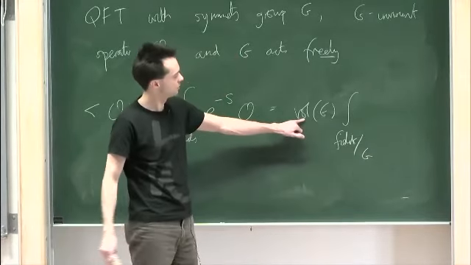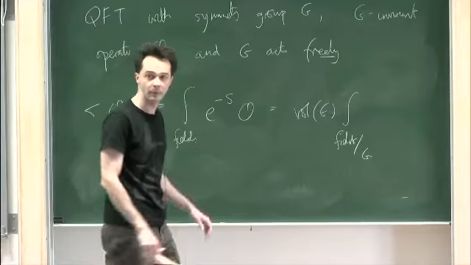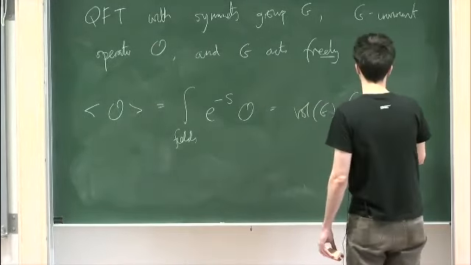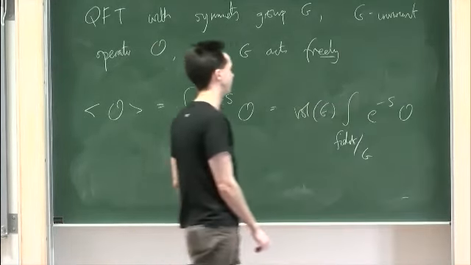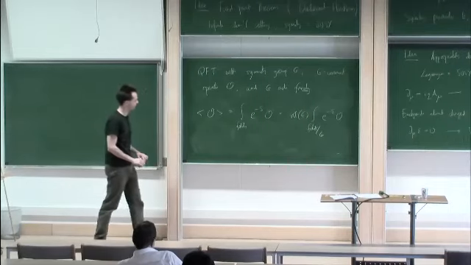So you pick up just the volume of the group, you pick up the field space modulo the group action, and you just get exactly the same integrand.